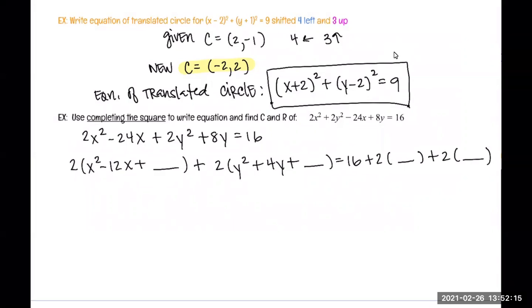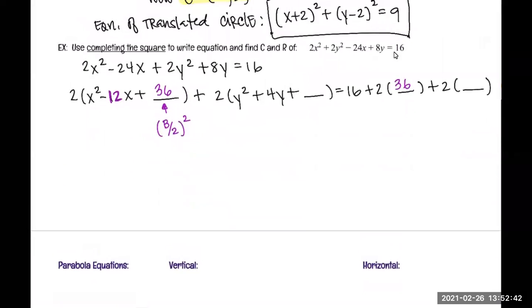We're going to fill in that blank space now with the b over 2, and we square it. So remember, this part here is b over 2, and we square it. So our b in this case is the 12. Here. So 12 divided by 2 is 6, and 6 squared is 36. So we're going to place a 36 in that blank space and a 36 in that blank space.